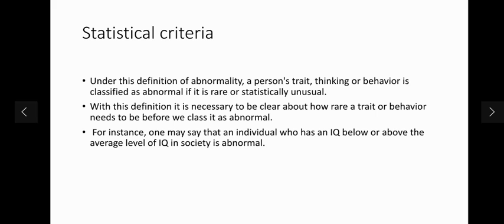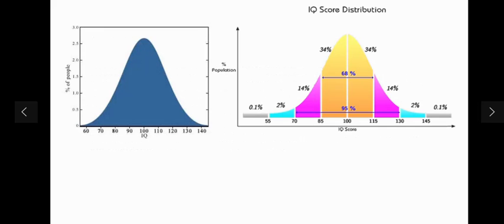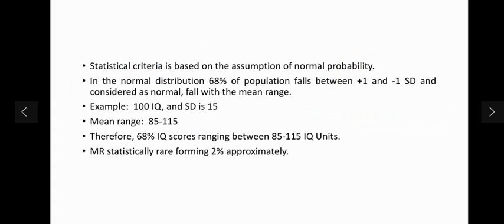Statistical criteria is based on the assumption of normal probability. So it is assumed that in any given trait or behavior, 68% of the given normal population will fall in the range of +1 or -1 from the mean. For example, if the mean IQ score is 100 and the SD or standard deviation is 15, then 100 plus 15 is 115, and 100 minus 15 is 85.